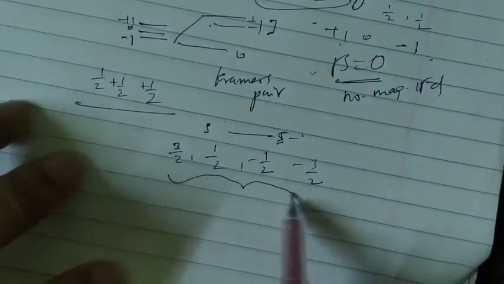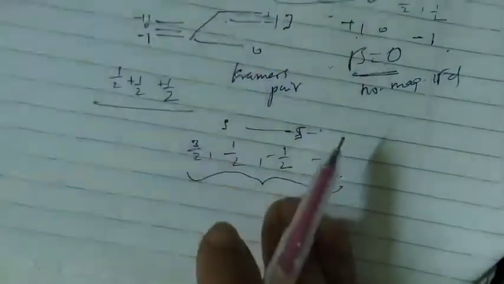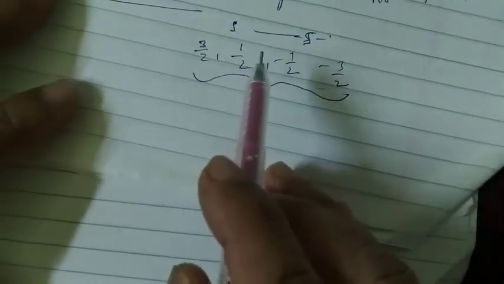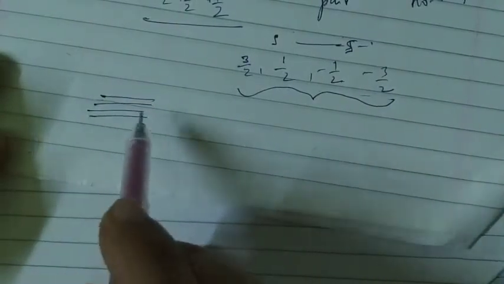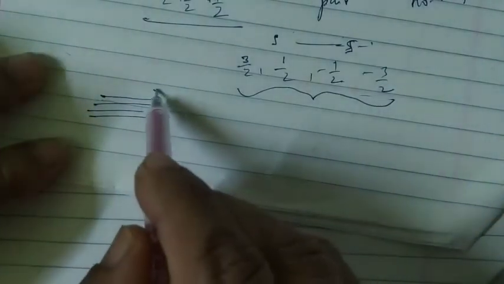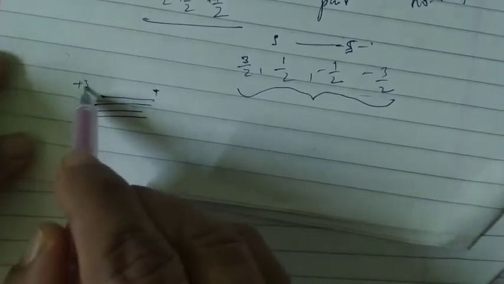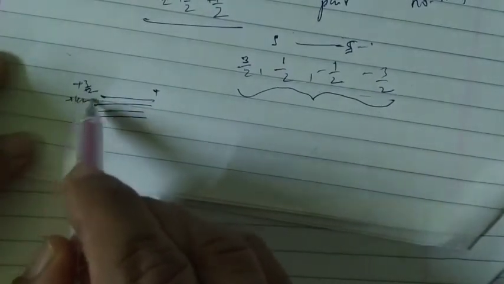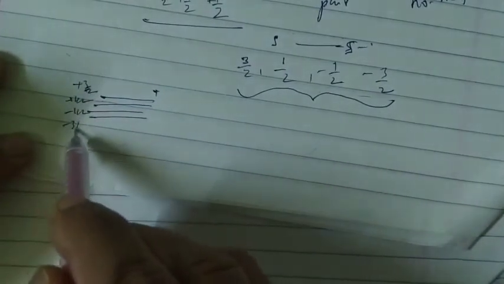There will be 4 levels, degenerate at plus 3 by 2, plus half, minus half and minus 3 by 2.